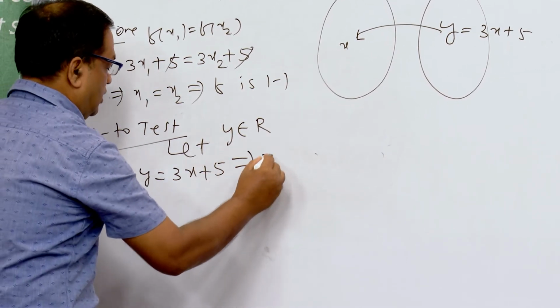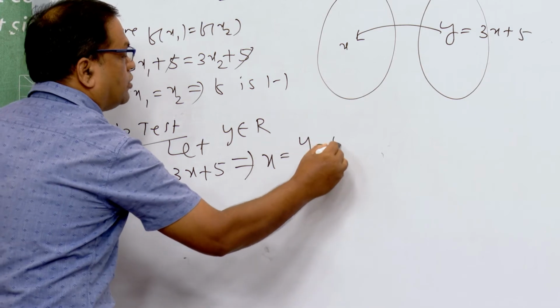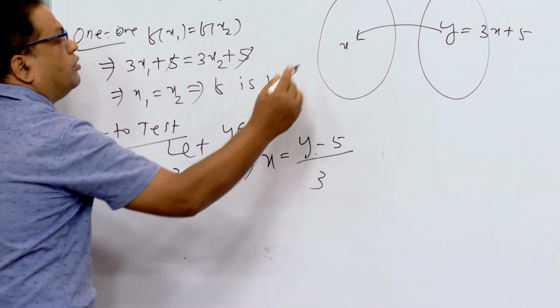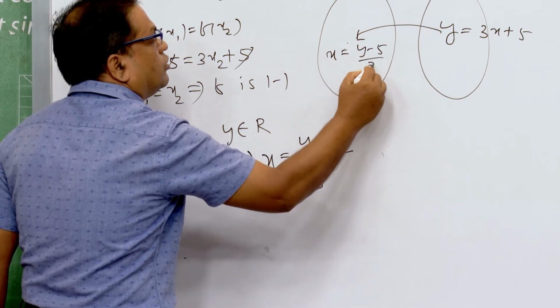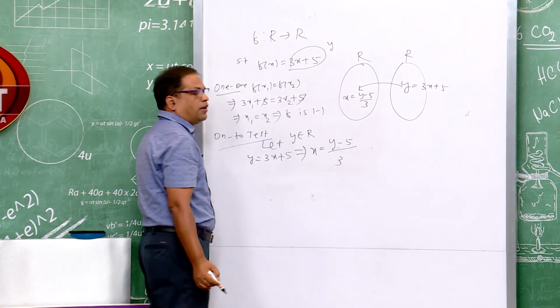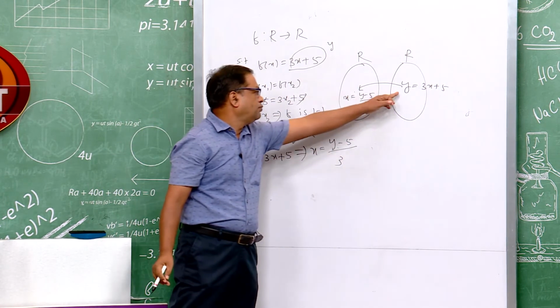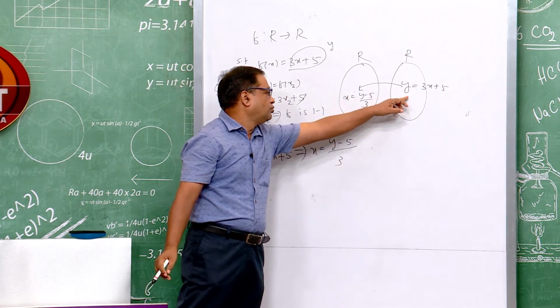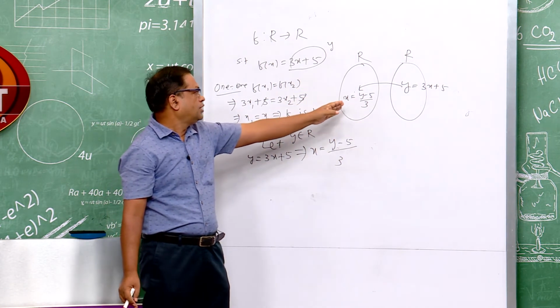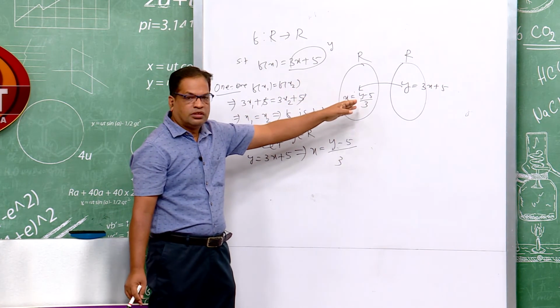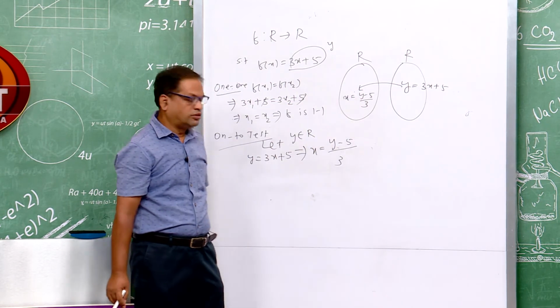So, x is equal to (y minus 5) by 3. That means, for y equal to 5 we will get 0, for y equal to 2 we will get (2 minus 5) by 3. So, for every y belonging to R we have a pre-image in this R.